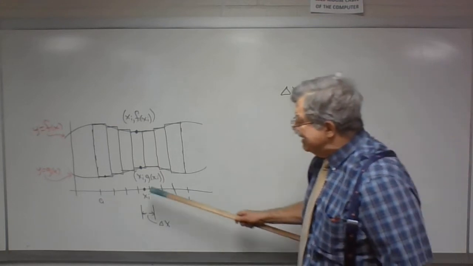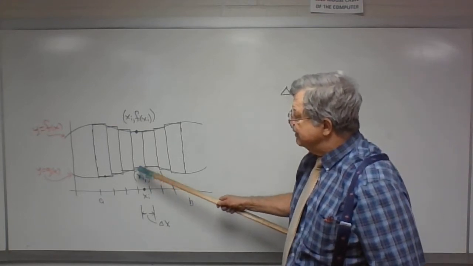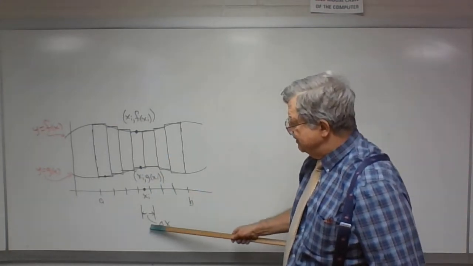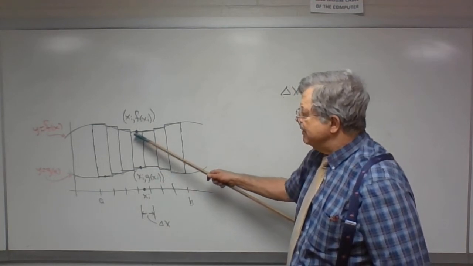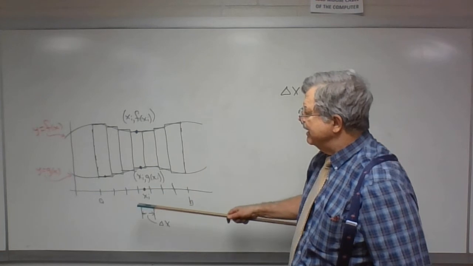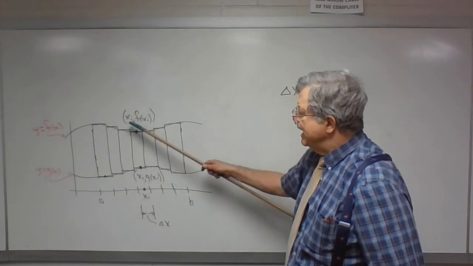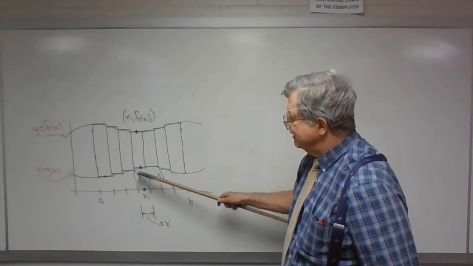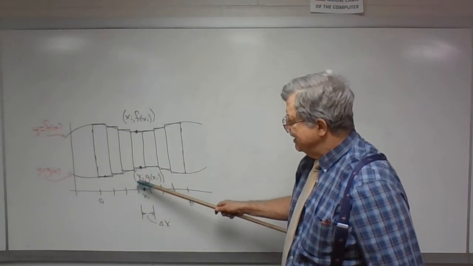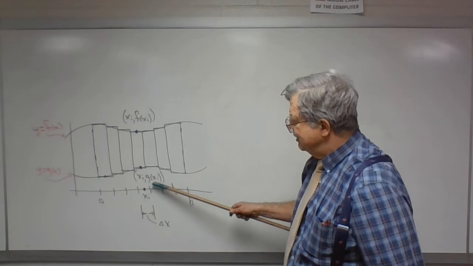And over each of these subintervals, we constructed a rectangle of width delta x such that the top intersected the graph of f of x at the point x sub i, f of x sub i, and the bottom intersected the graph of g of x at the point x sub i, g of x sub i.